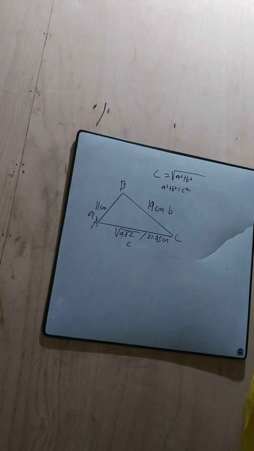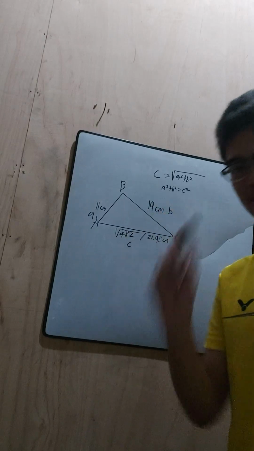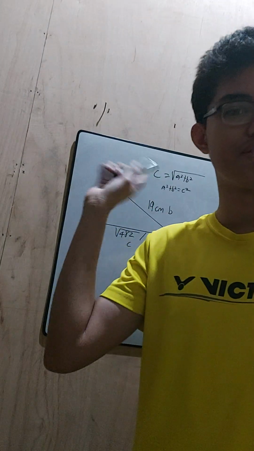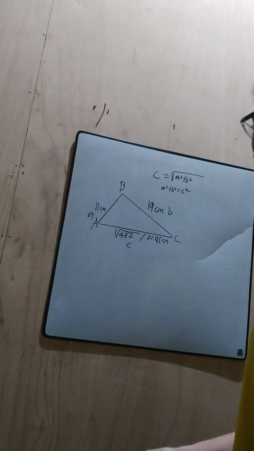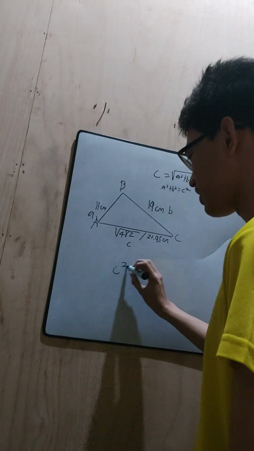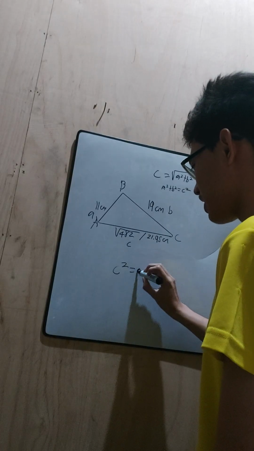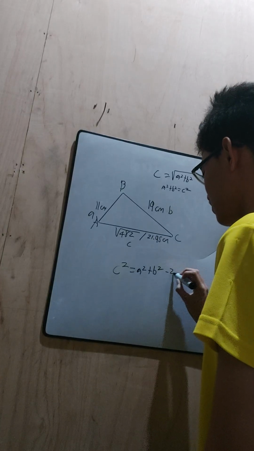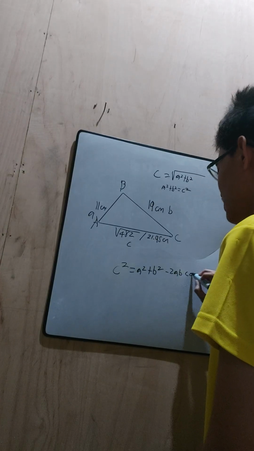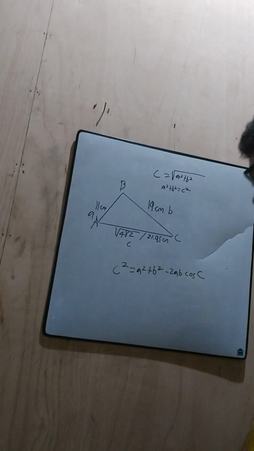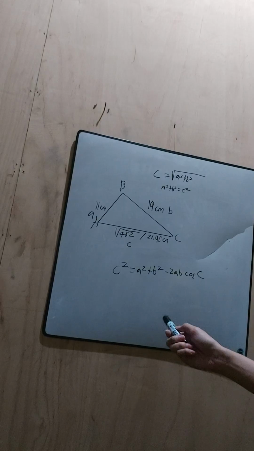Alright, we have the sides, but we don't know the angle. What law are we going to use? In order to get the angles with only the given sides, we will use the law of cosines. So what's the law of cosines? That will be c squared is equal to a squared plus b squared minus 2ab multiplied by the cosine of angle C. Alright, we know that, right?